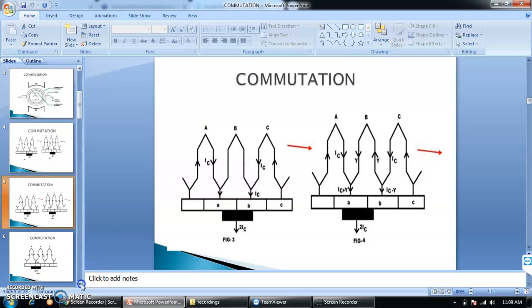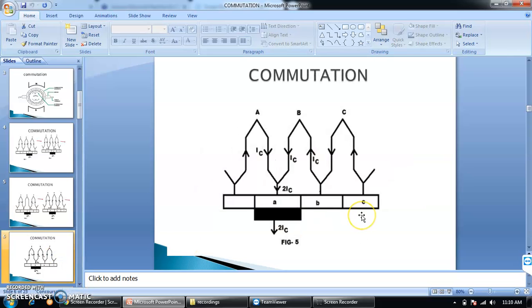Now come to the last diagram. In the last diagram, we can see it's a very simple case. The brush is completely detached from segment B and is in touch completely with segment A. So if it is in touch with segment A, this collected current is getting a short circuit path here.